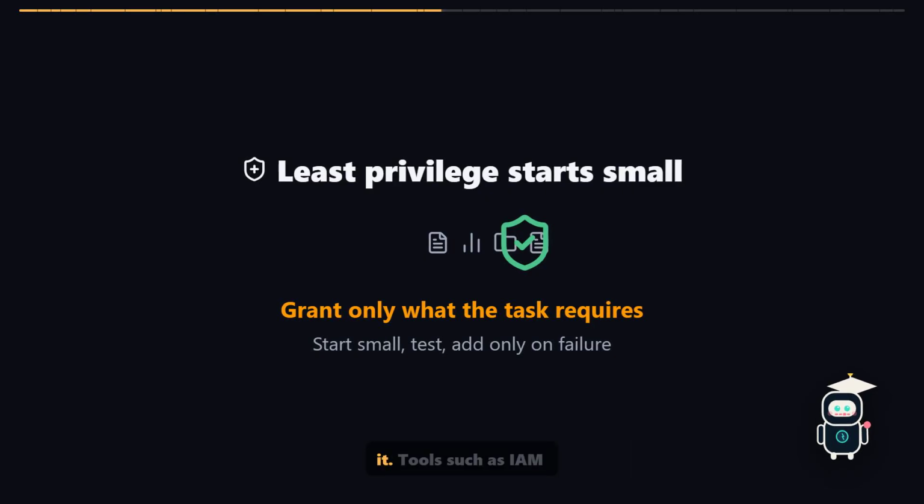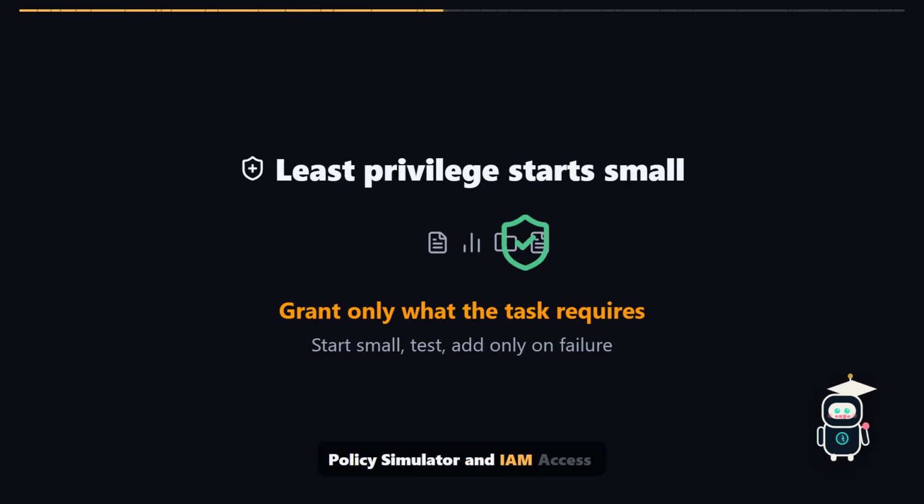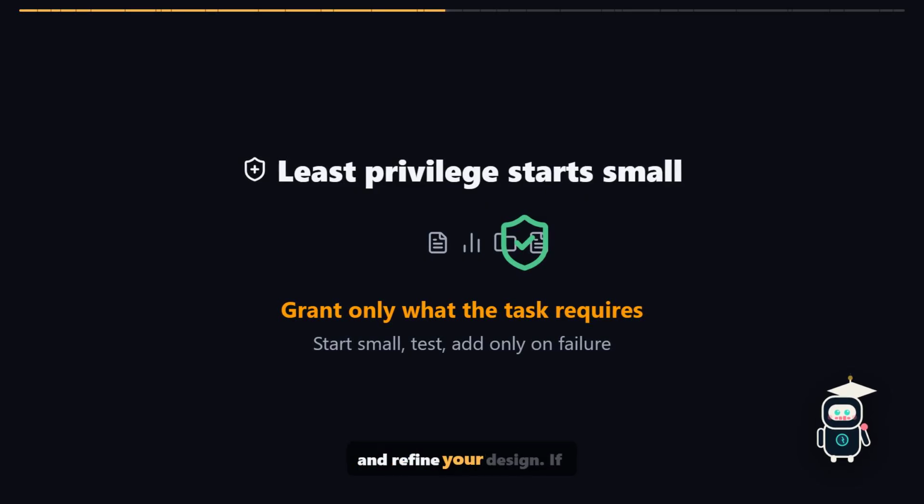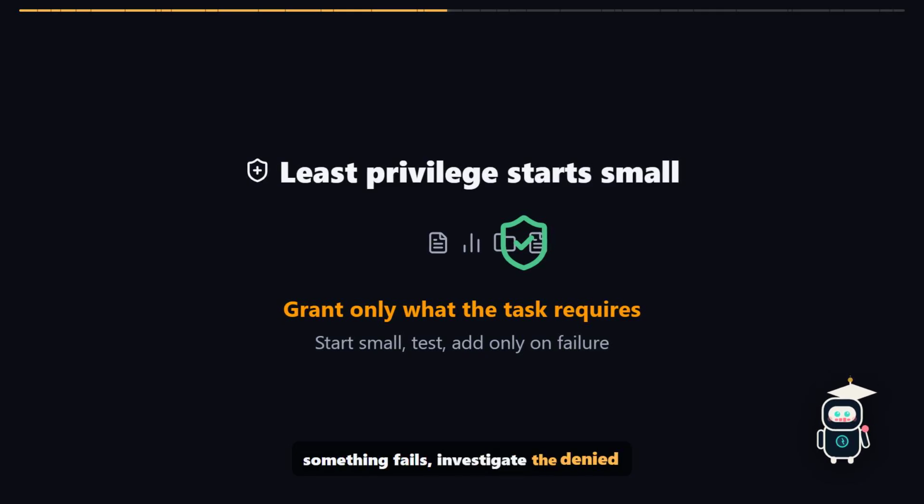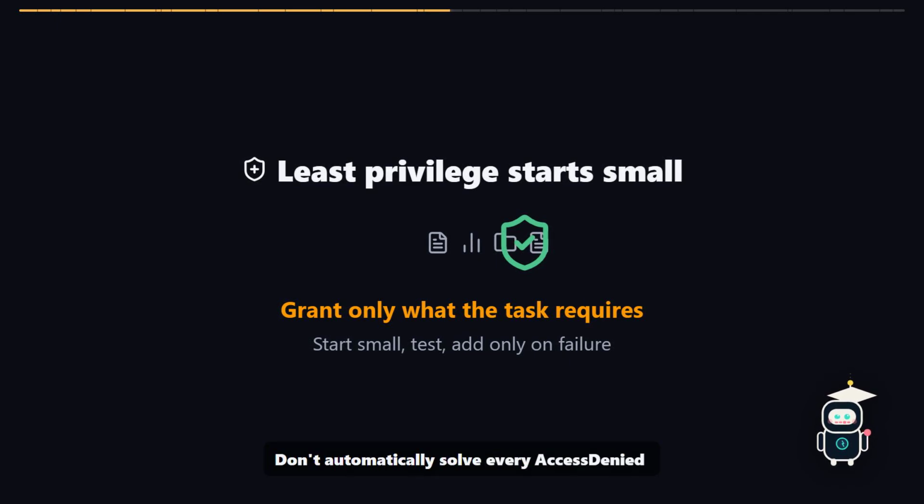Then validate it. Tools such as IAM Policy Simulator and IAM Access Analyzer can help you test and refine your design. If something fails, investigate the denied operation before expanding the policy. Don't automatically solve every access denied message by adding another wildcard.